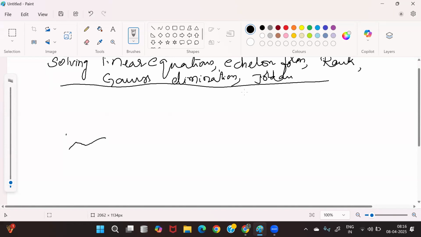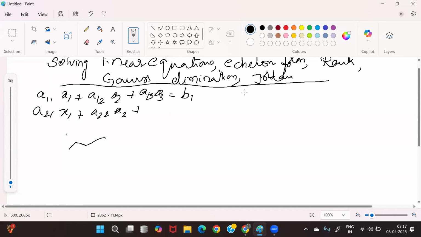Suppose we have three equations, say a11x1 plus a12x2 plus a13x3 is equal to b1. a21x1 plus a22x2 plus a23x3 is equal to b2. a31x1 plus a32x2 plus a33x3 is equal to b3.